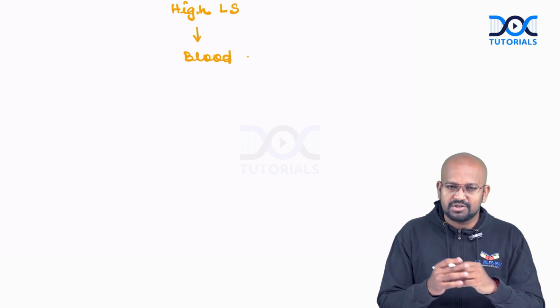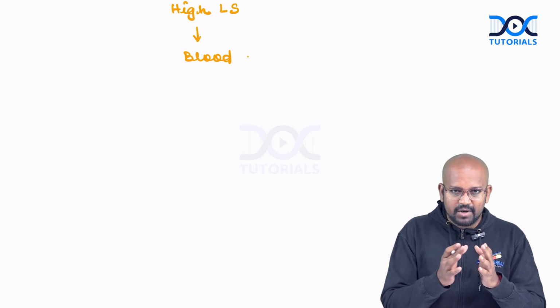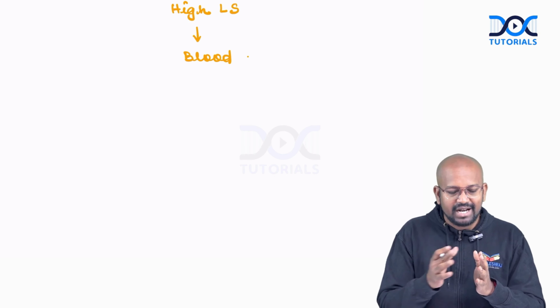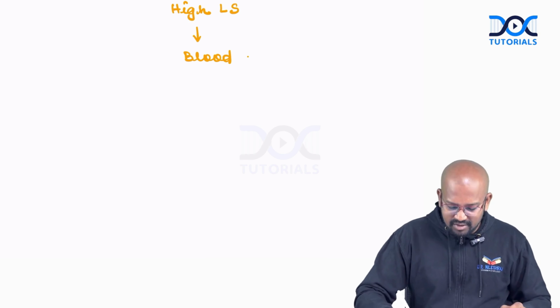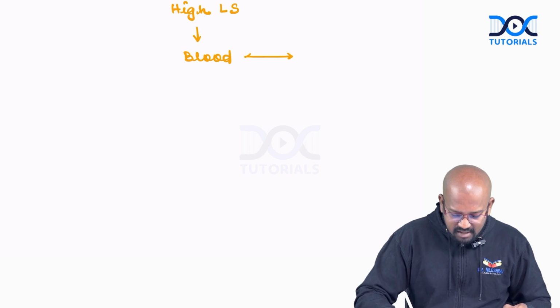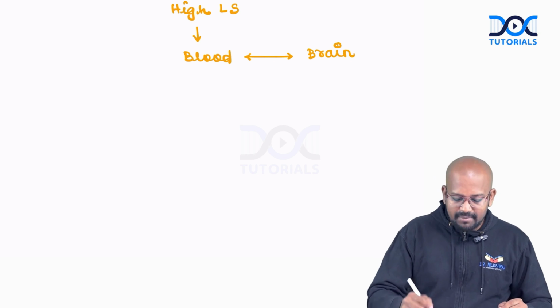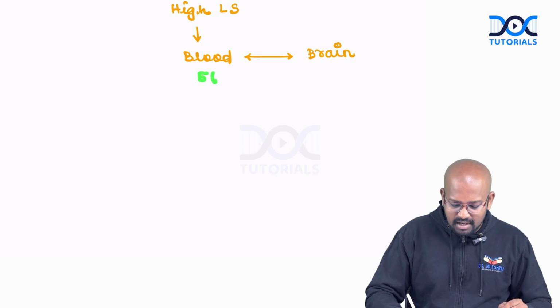For example, you administer 100 milligram, and it will be there in the blood. Now this drug has high lipid solubility, so it can penetrate the majority of barriers. From the blood, it will gain entry into the brain, and it maintains an equilibrium, which means 50 milligram will be in the blood and 50 milligram in the brain.